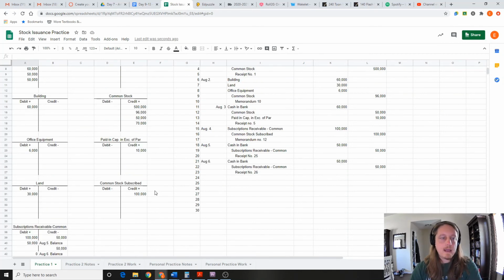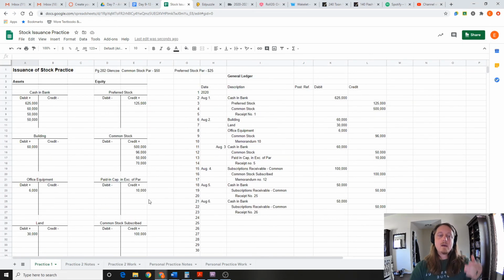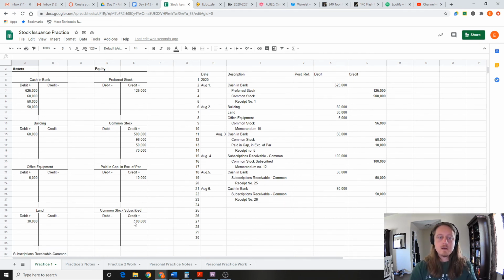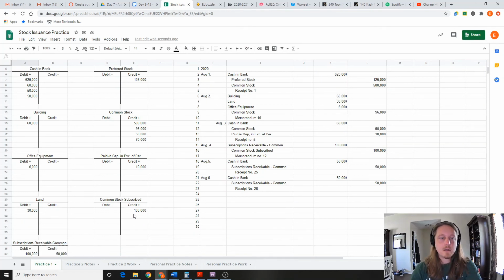All right, and now we still have though the common stock subscribed. All right, but nothing's owed anymore. And so now we have to finish this and make sure that this common stock subscribed turns into real common stock. So what we're going to do is change this credit here of the common stock subscribed to 0.